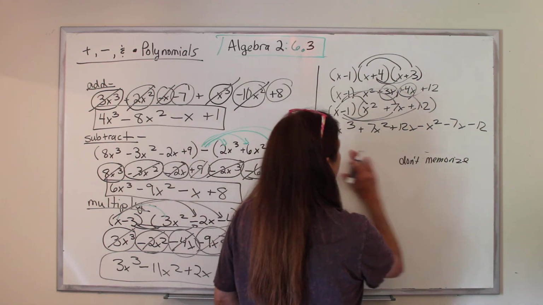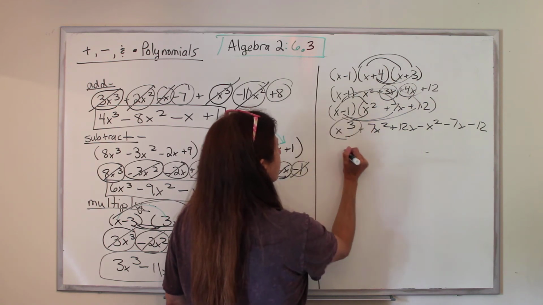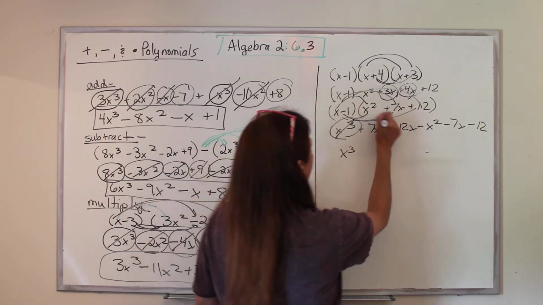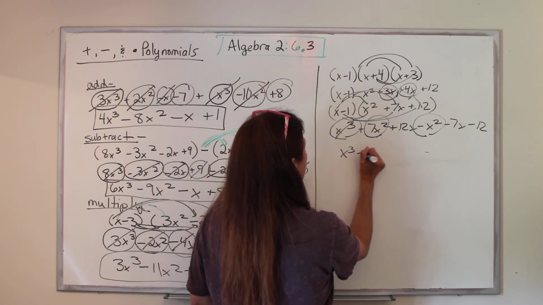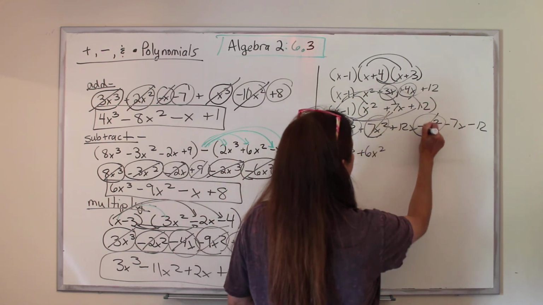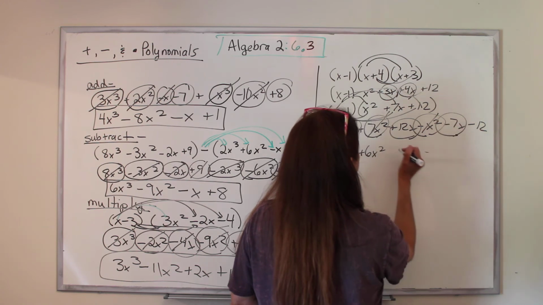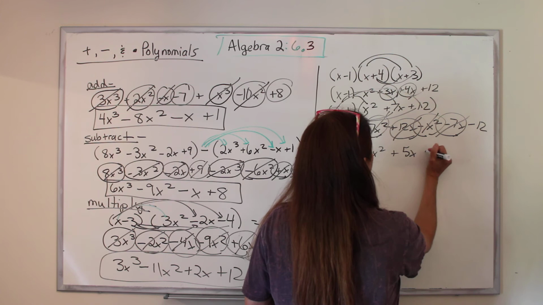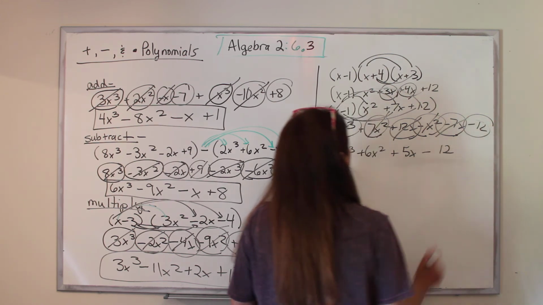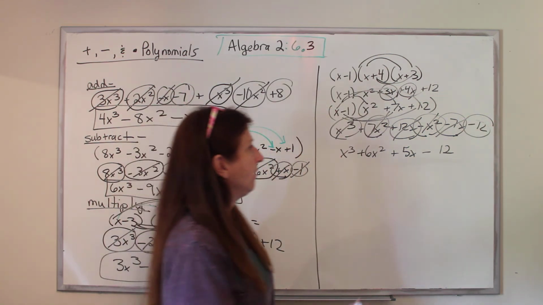I'm going to get rid of that for right now. So I have x to the third is the only one. The squareds, I've got 7x minus 1 is plus 6x squared, mark them out. 12x minus 7x is plus 5x, mark them out. And then minus 12 didn't have anybody to combine with. All right, so that's how it works.